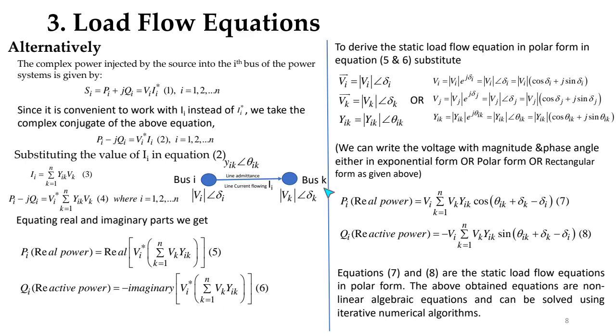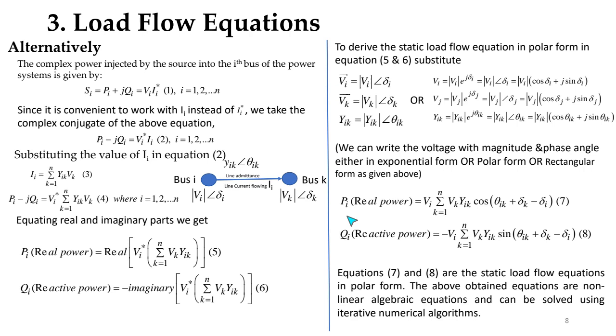And from this equation, like in the earlier slide, Vi can be written as Vi delta i, Vk as Vk delta k, and Yik as Yik theta ik. This is written in polar form, or you can write them in exponential form, or in rectangular form as well, as we discussed in the previous slide.